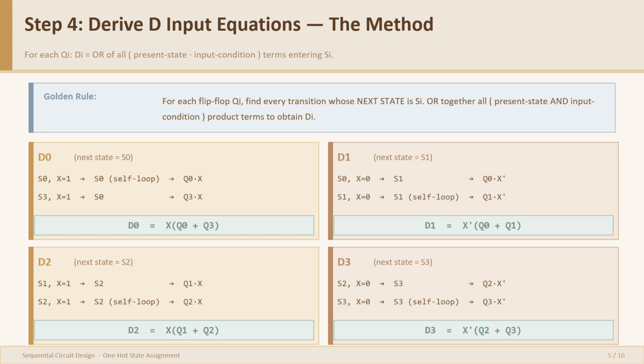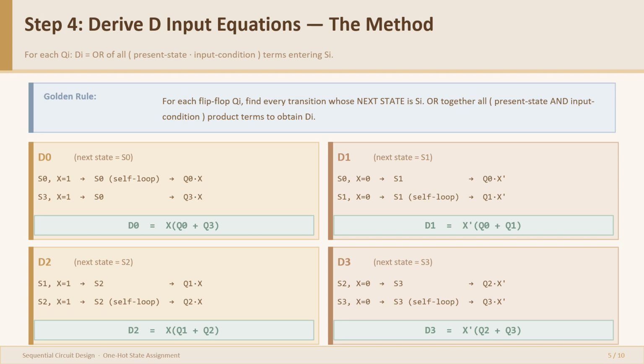D2: every transition whose destination is S2. From S1, when X equals 1, Q1 times X. From S2, when X equals 1, a self-loop, Q2 times X.